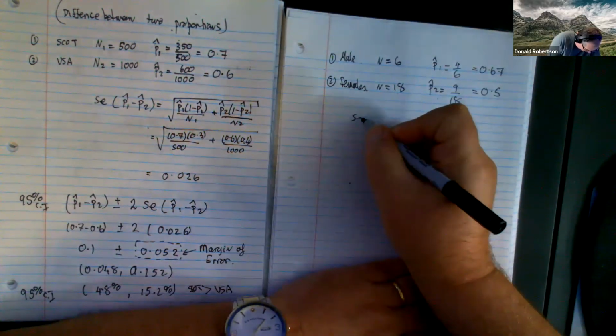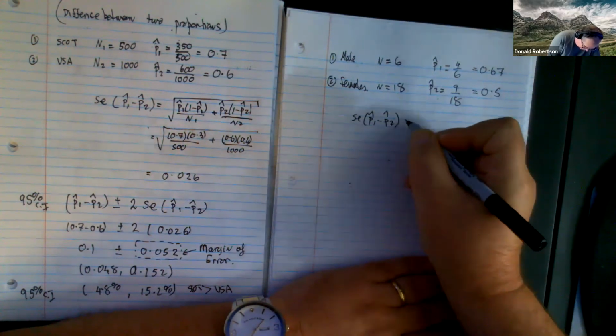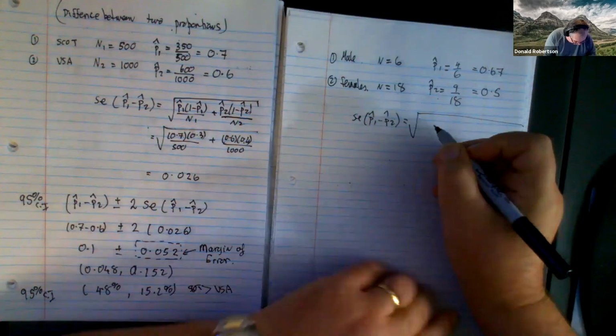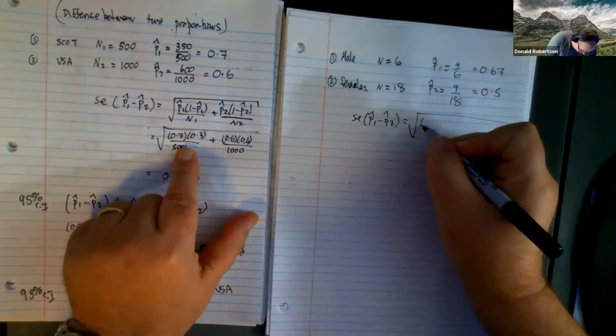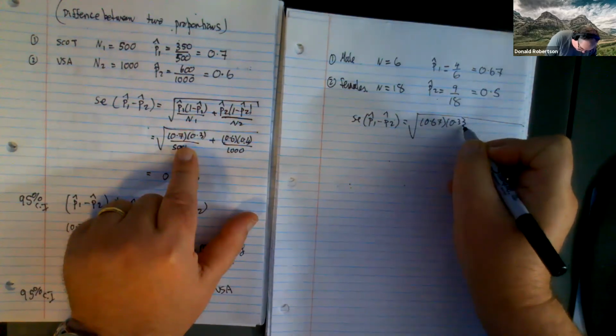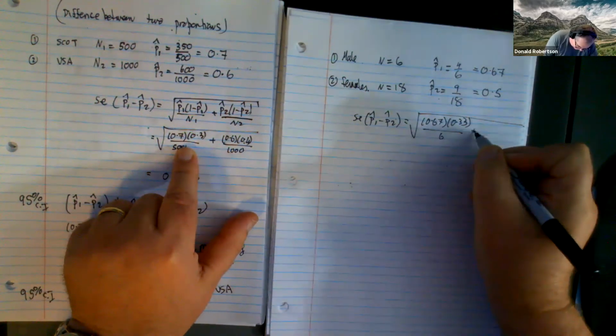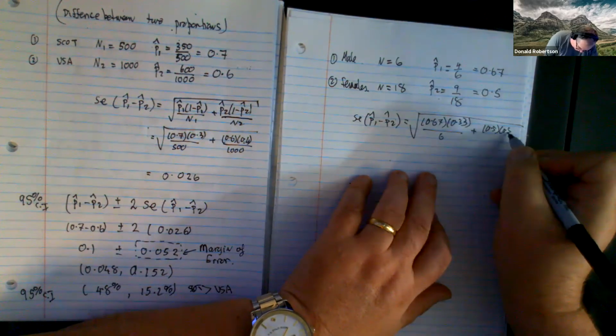Before I do that, I need to calculate one of these guys again. I won't write the formula this time. It's the same guy as here. I'll just go 0.67 times 0.33 over 6, and 0.5 times 0.5 over 18.